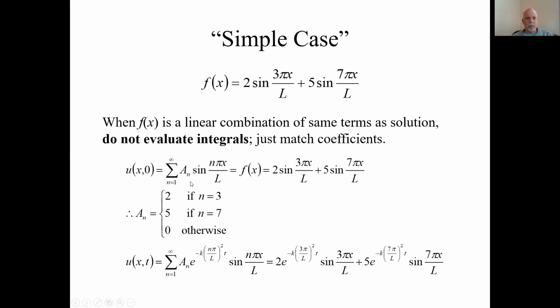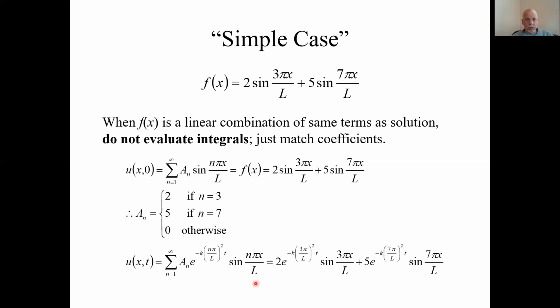So what do I have? That means a sub n equals 2 when n equals 3. A sub n equals 5 when n equals 7. And for all other n's, a sub n equals 0. So there's my a sub n's.